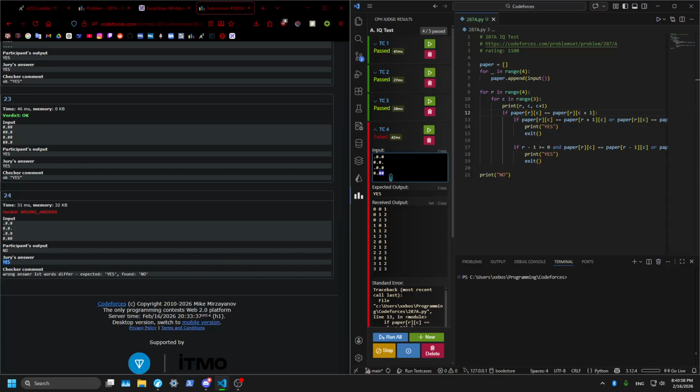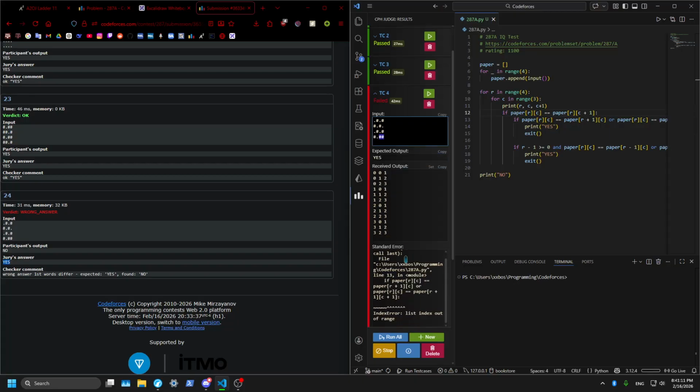R is 3, R minus 1 is greater than 0, yes. What are we outputting? Index out of bounds error, line 13, here.